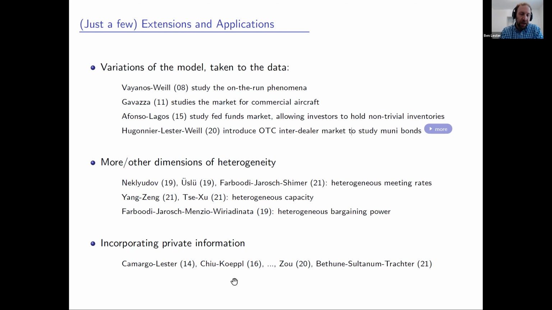So Pierre has one of the earliest examples I could think of applying these models to think about a particular phenomenon in the data, where they study what's called the on-the-run, off-the-run phenomenon. In bond markets, there's this strange feature where you could take a newly issued, say, 10-year treasury, which is called on the run when it's newly issued, and that'll have a certain price.